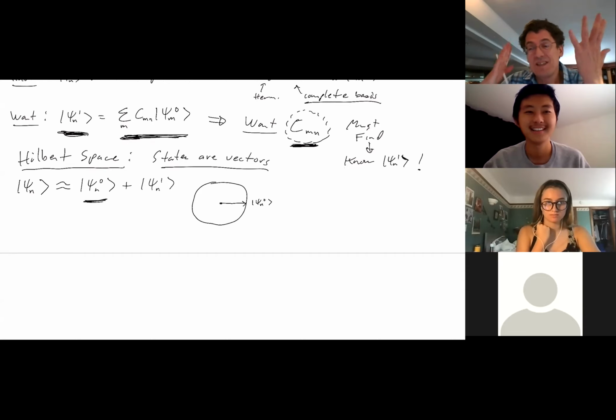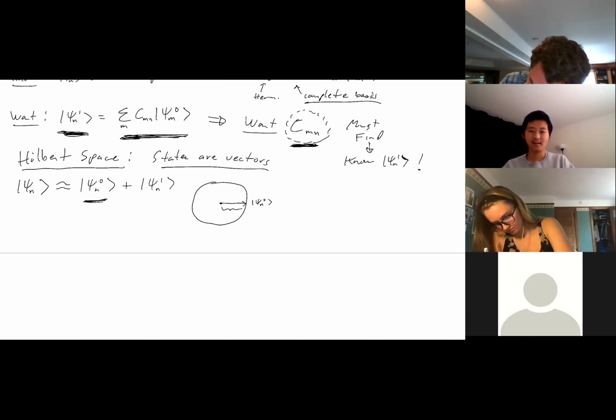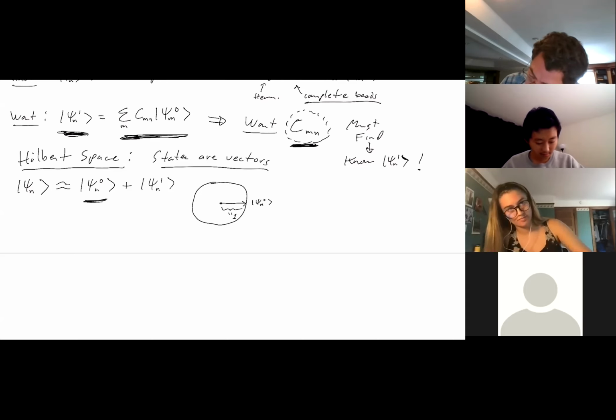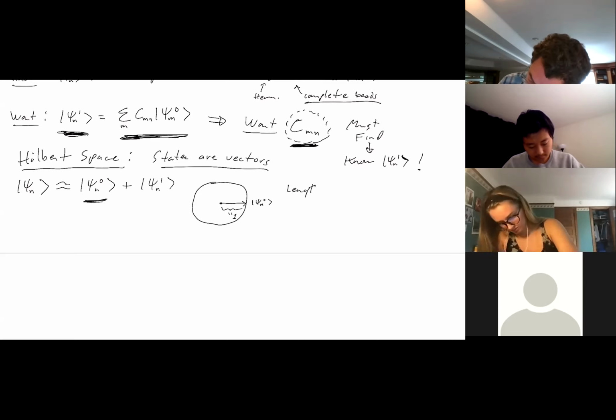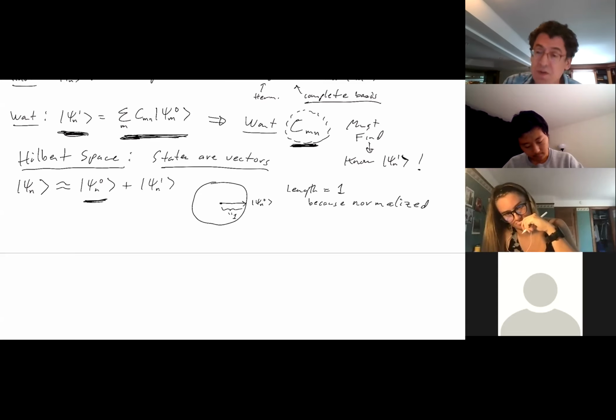Yes, it's normalized. The length is 1, because it's normalized. Such a simple thing. Of course the length is 1, it's normalized.